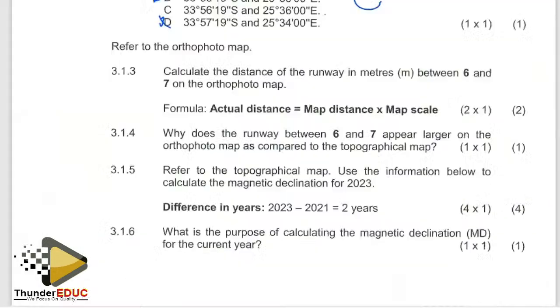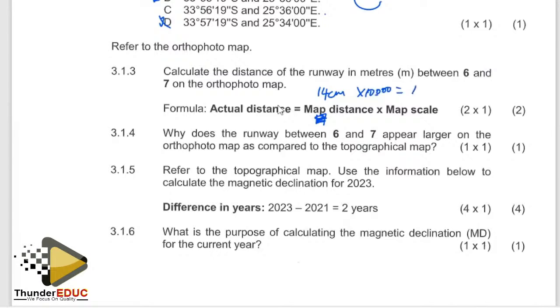So if it is 14, what do we do? They say the formula is here. Actual distance is equal to map distance times map scale. What is the map distance? The map distance is 14 centimeters. The map scale, since it is orthophoto, is 10,000.